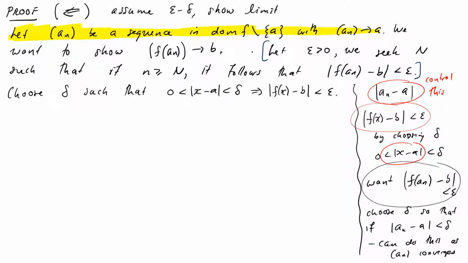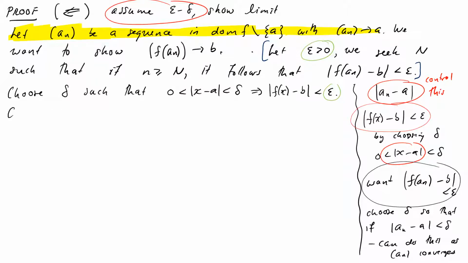I'm allowed to do this because that's one of my assumptions. I'm assuming the epsilon-delta property. So I'm choosing this particular delta to make sure that my function value minus b is less than epsilon, and this epsilon is the one that we have fixed at some positive value. But this delta is basically how small I want to make the difference between a and a_n.